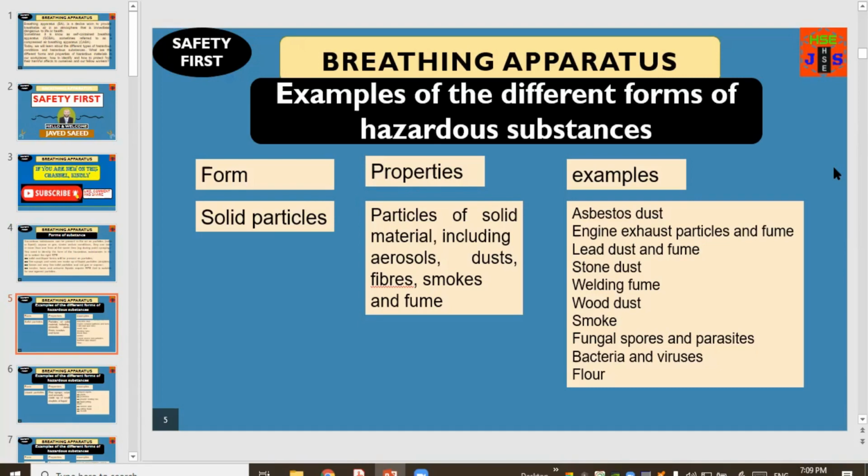The examples of solid particles are asbestos dust, engine exhaust particles and fumes, lead dust and fume, stone dust, welding fume, wood dust, smoke, fungal spores and parasites, bacteria and viruses, and lastly, flour. These all are the examples of solid particles.